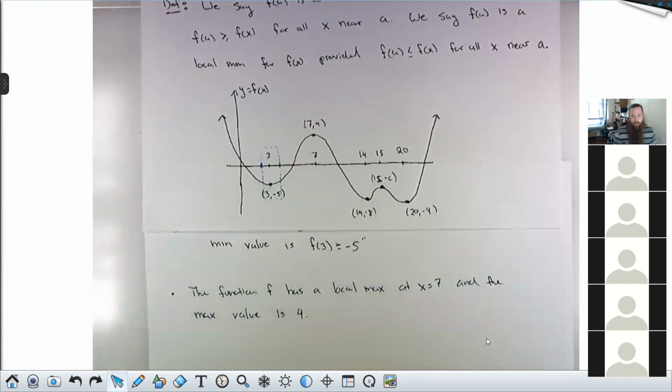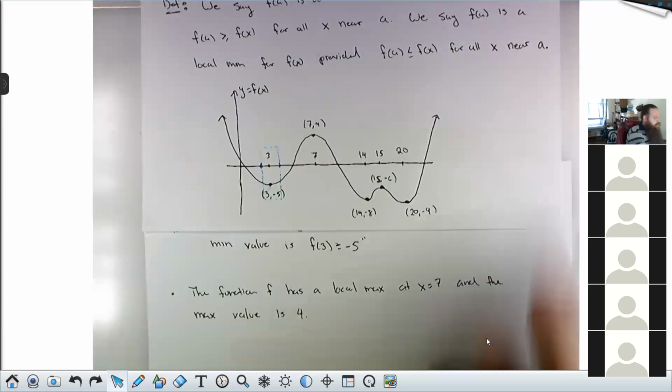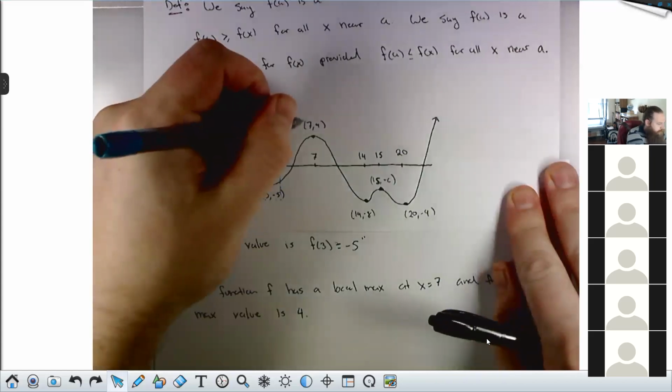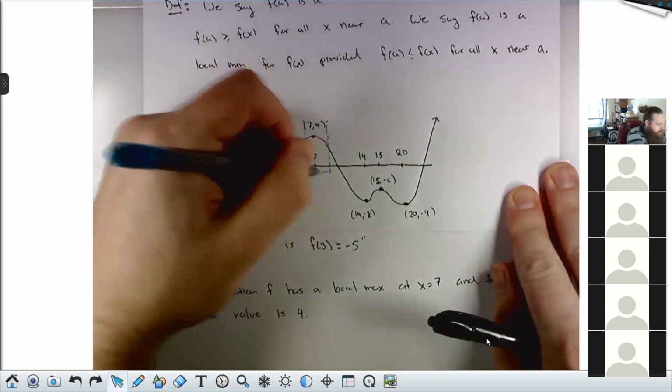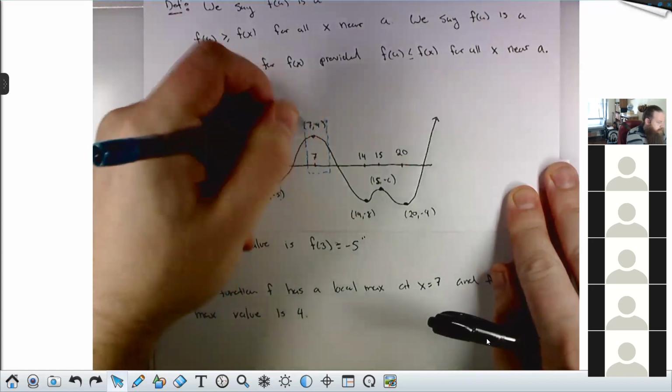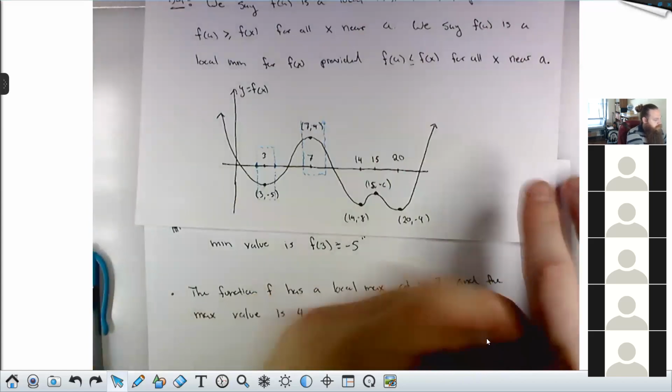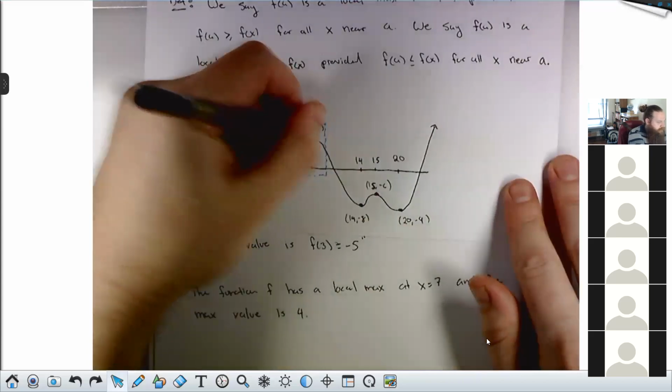Okay, and the logic is the same as the logic for the min. We're just thinking about the other direction for the inequality. We're looking for points that are taller than all the nearby points. And again, if you're unsure, you can draw a little window around that point and ask yourself, is that point right there the tallest point on the graph anywhere in that window?